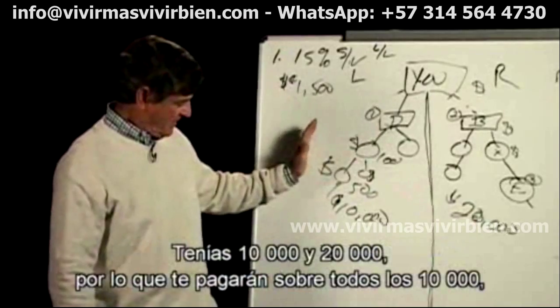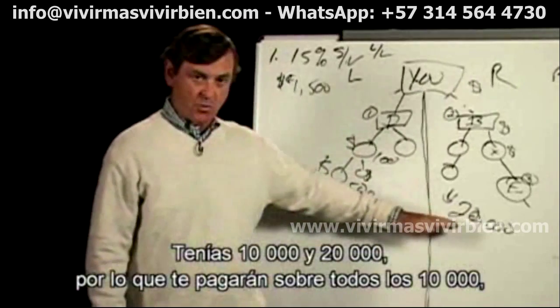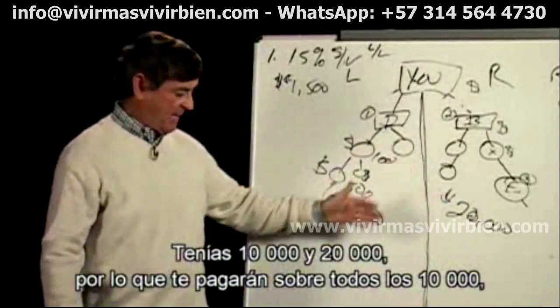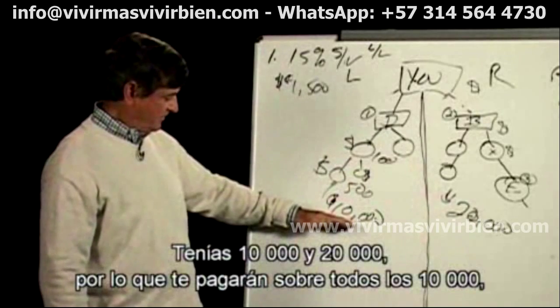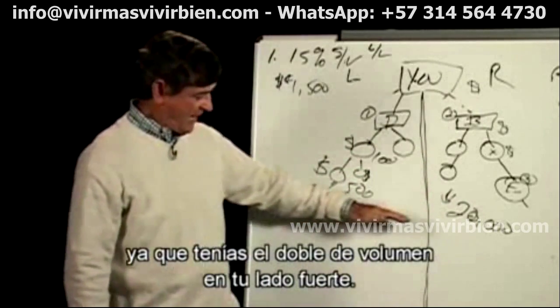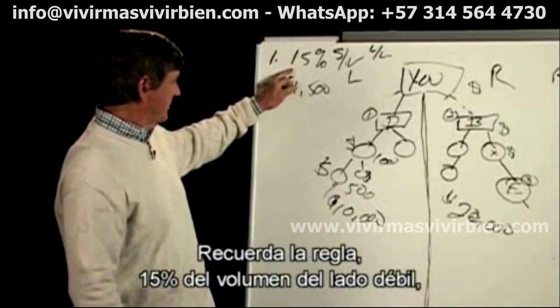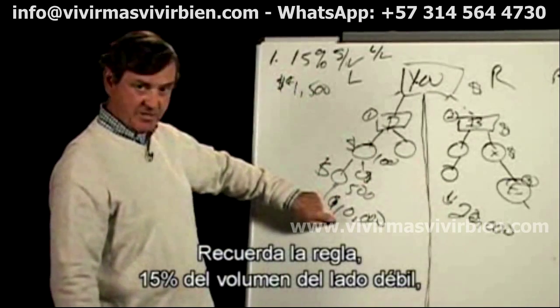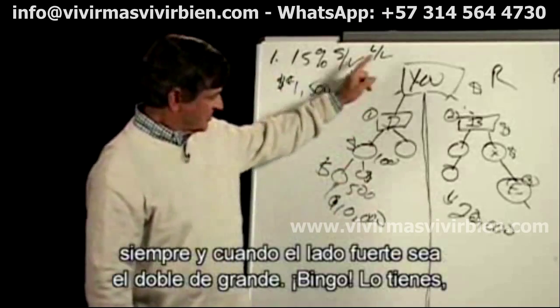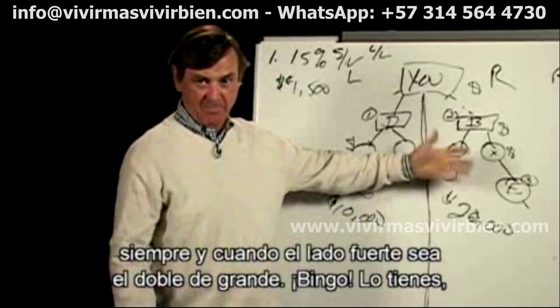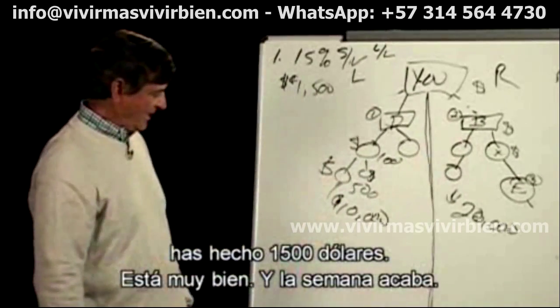Here we got lucky, right? You had 10,000 and you had 20,000. So you got paid on all of the 10,000 because you had twice as much volume in the strong leg. Remember the rule, 15% of all the volume in the lesser leg, as long as the stronger leg is twice as big. Bingo, you hit it, so you made $1,500.